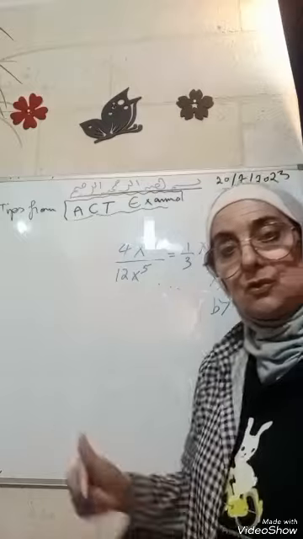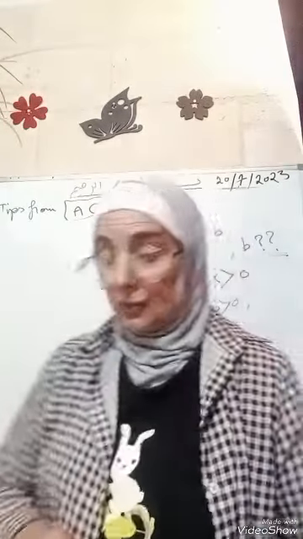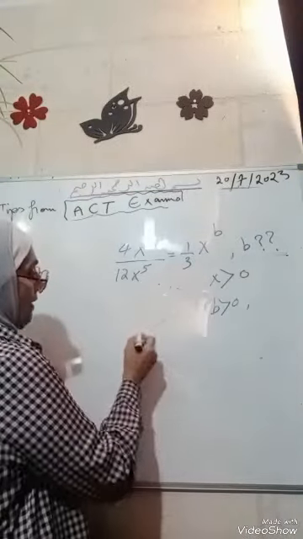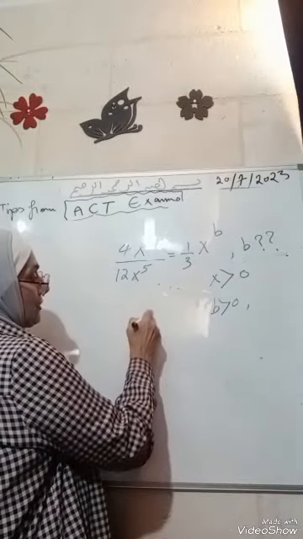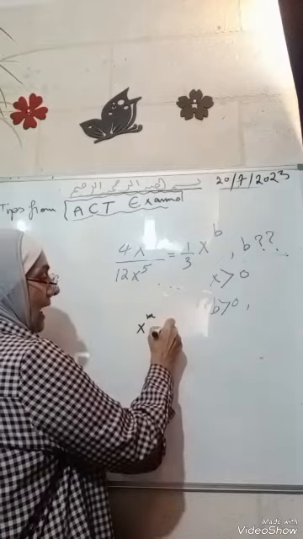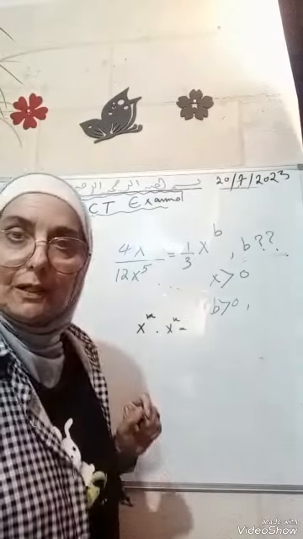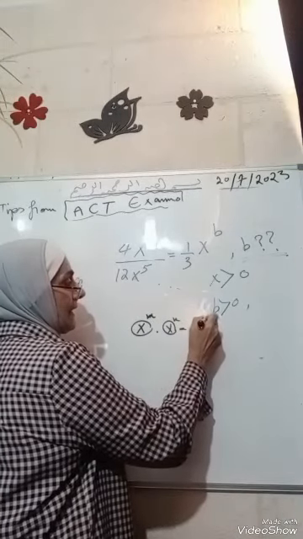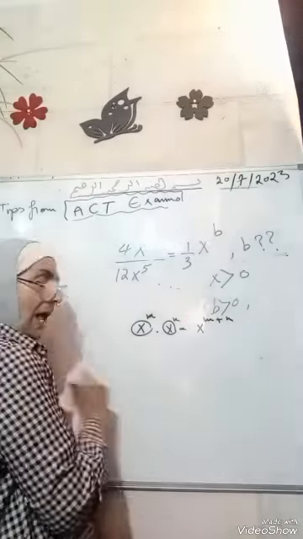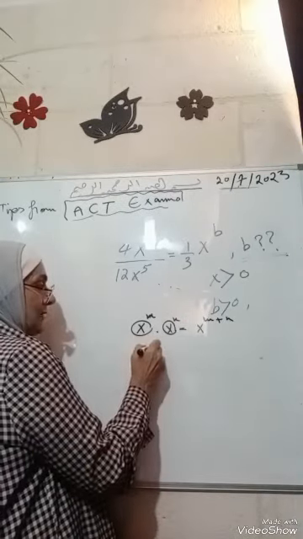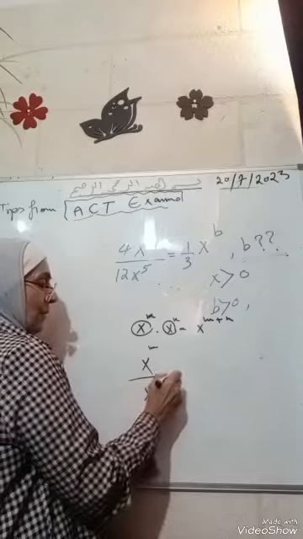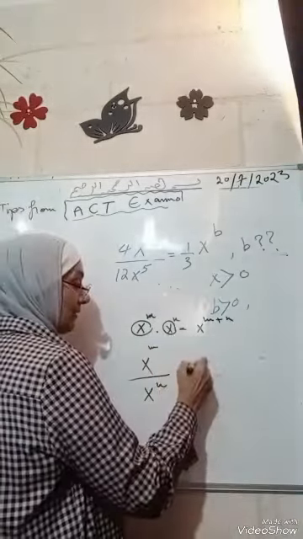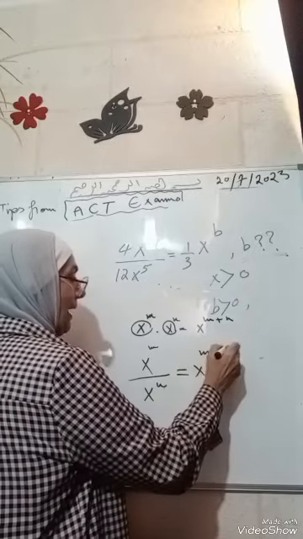So now, to solve this problem, I need to know the rules. What are the rules of the exponents? We have x to the power m times x to the power n, with the same base, equals x to the power m plus n. And the division, x to the power m divided by x to the power n, is subtraction now, x to the power m minus n.